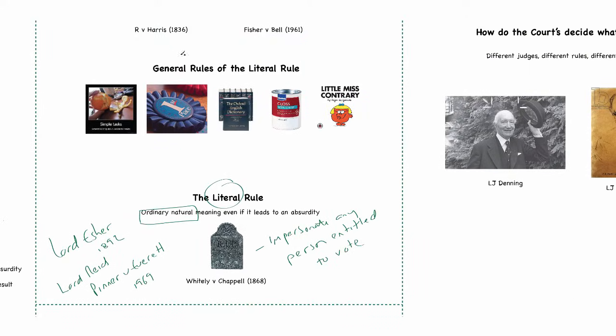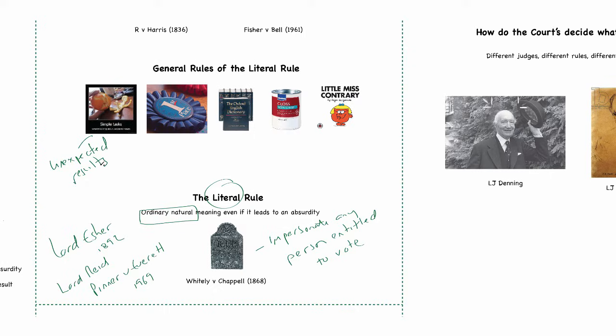So let's just take a look at some of the general rules of the literal rule. Now, the first thing is it may lead to unexpected results. Okay, as you can see from the old peeling of that orange there. The literal rule may lead to unexpected results that were not the intention of Parliament.